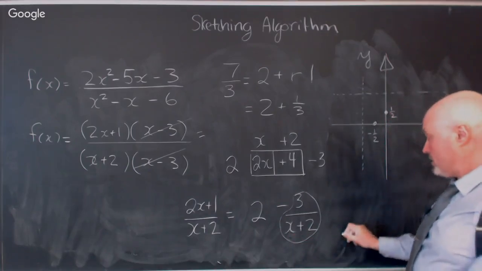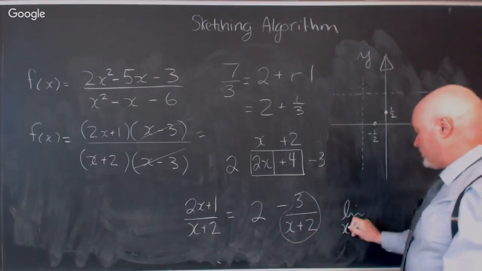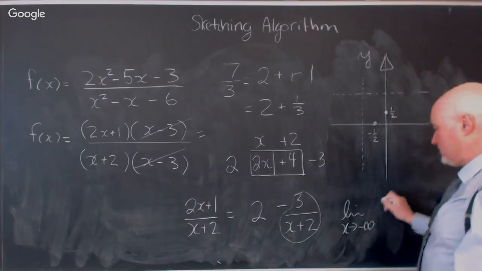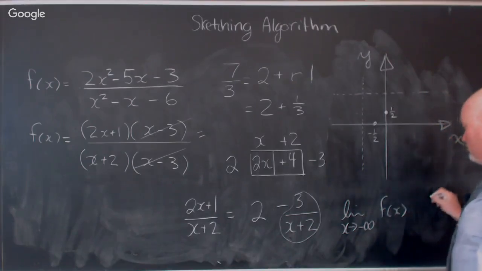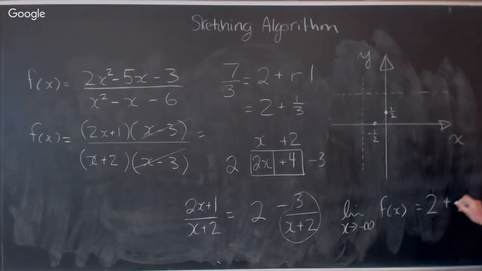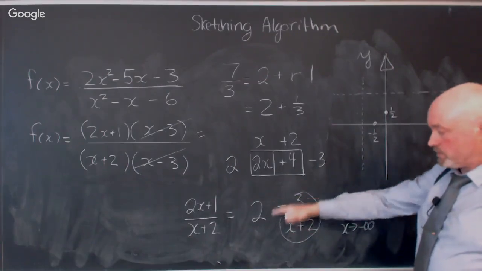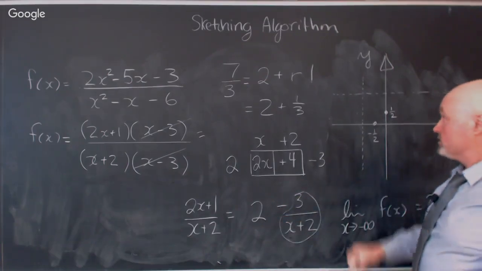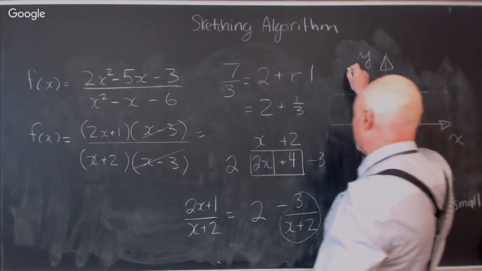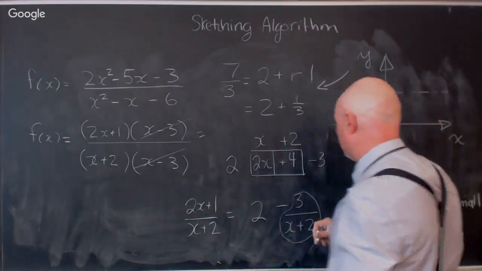So as x goes to negative infinity, this function is equal to 2 plus something small, because this whole term here is going to be added to 2. That means we're approaching the horizontal asymptote from above.